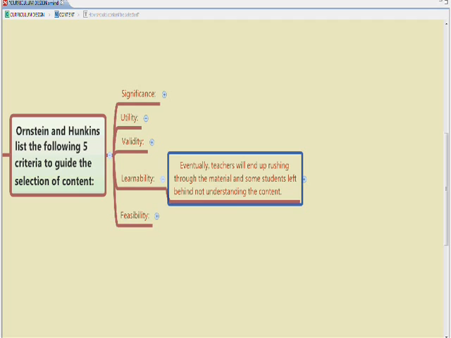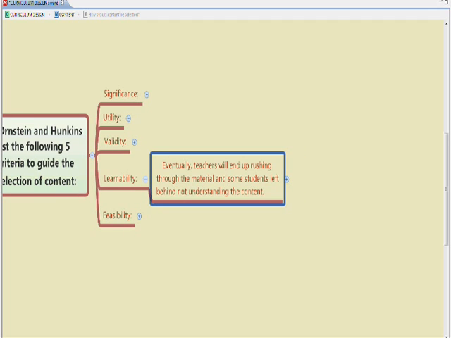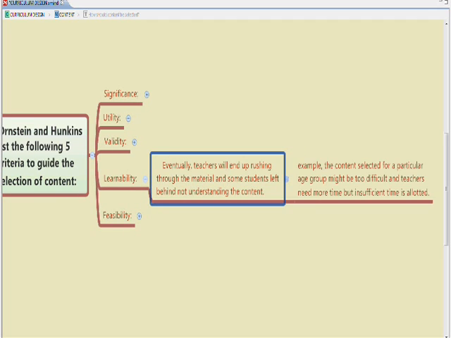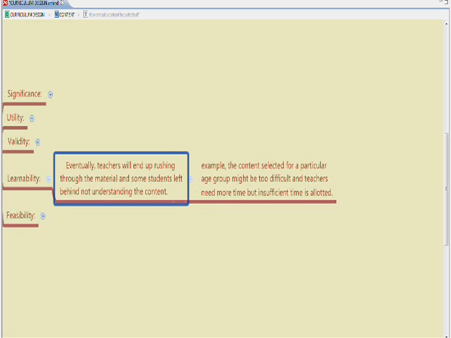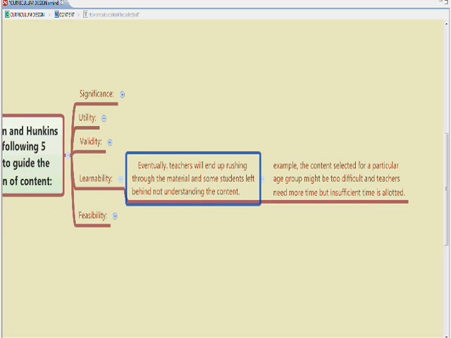So learnability is really important when you design a curriculum: whether the target audience can chew and digest the information appropriately within the stipulated time. For example, content selected for a particular age group might not be too difficult, but the learners need more time and insufficient time is allotted. So that's the whole notion of learnability.